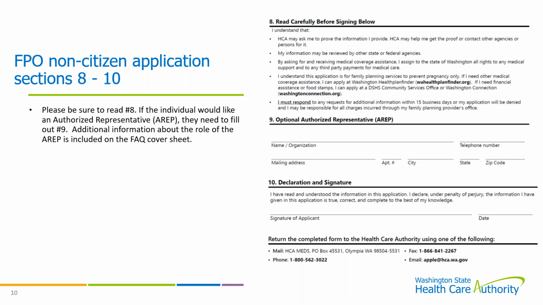In the past, I know some of the feedback from our CHWs and our patient services reps was that once immigration questions were asked, families just stepped back and didn't want to proceed with the application. So thank you for addressing those concerns in this application.